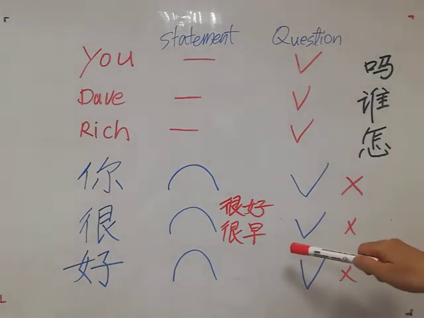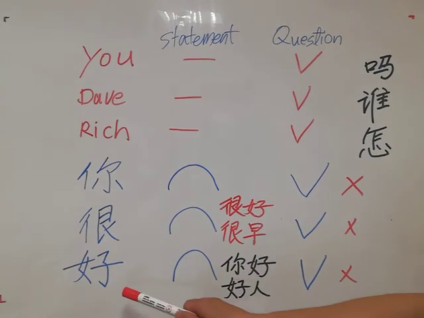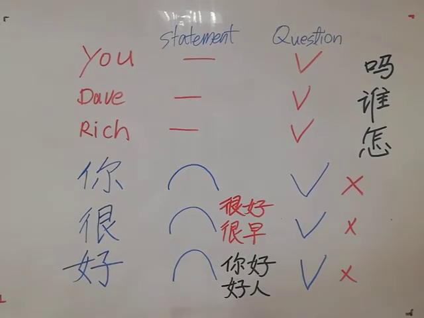It's not alright in Chinese oral language. 好、你好、好人、早上好, that's alright.